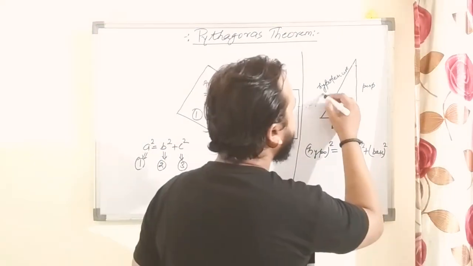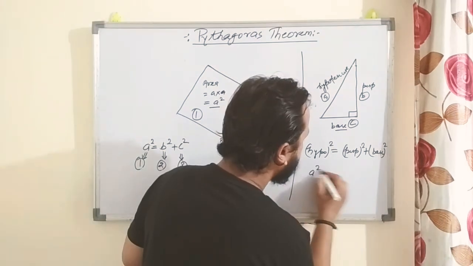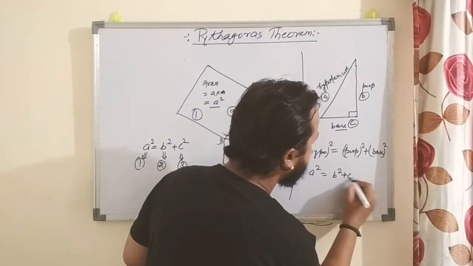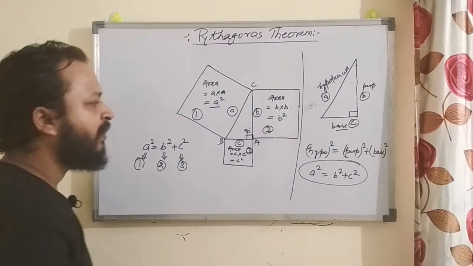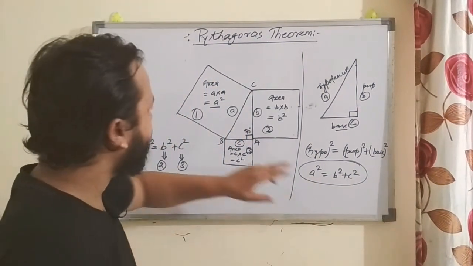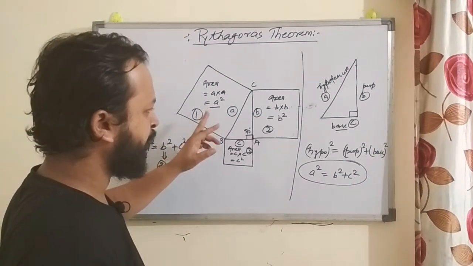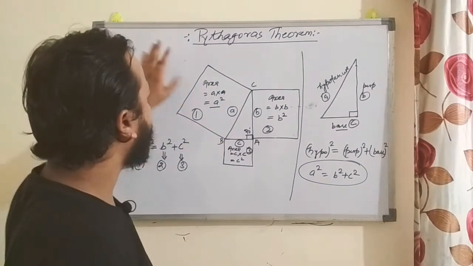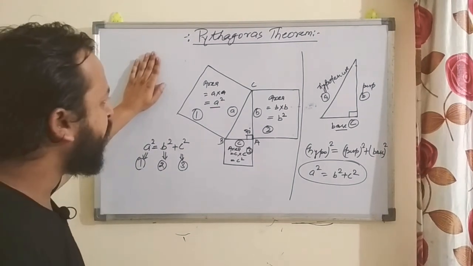If we name them as A, B and C, so a square is equal to b square plus c square, right? So a square means if we make a square, the area of that particular square. So this was the previous theorem given by Pythagoras, right?